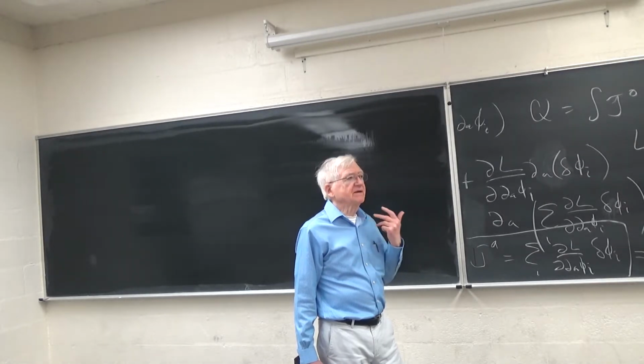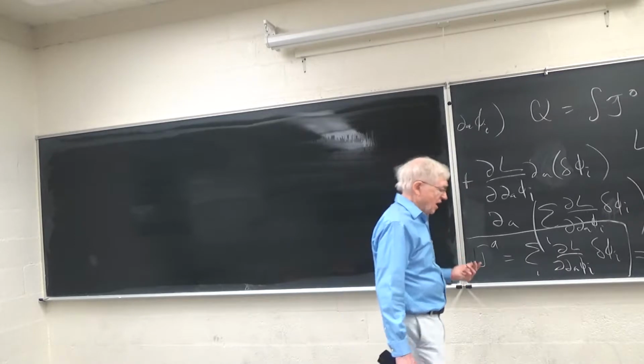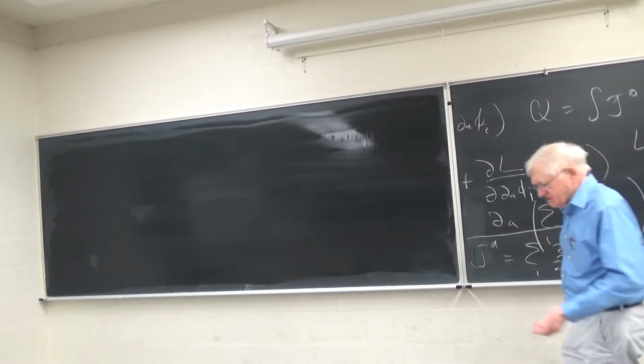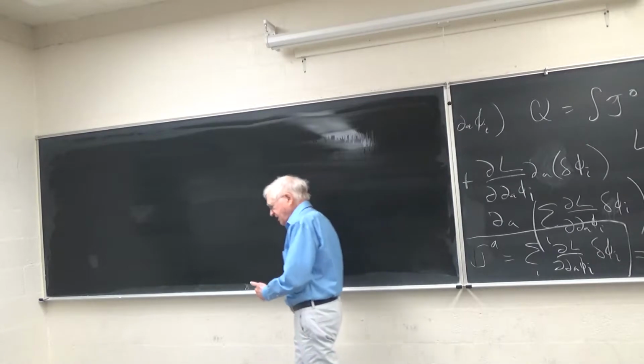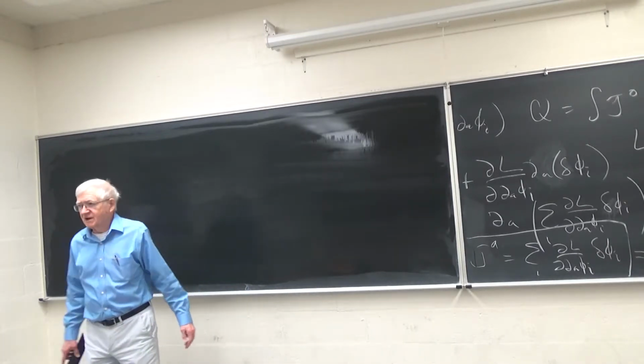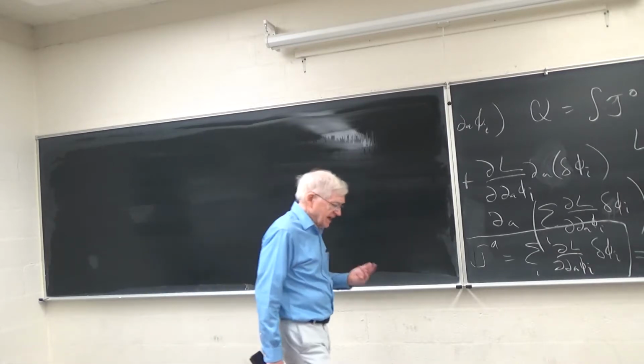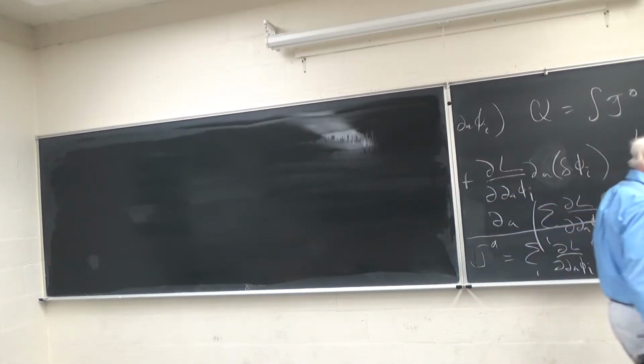We know that for ordinary point particles in a freshman physics demonstration, R cross P summed over all the atoms gives you the angular momentum. But for a non-trivial field theory, the angular momentum is something more complicated.